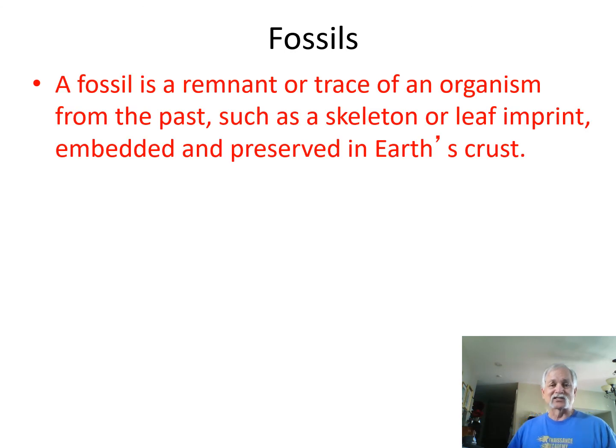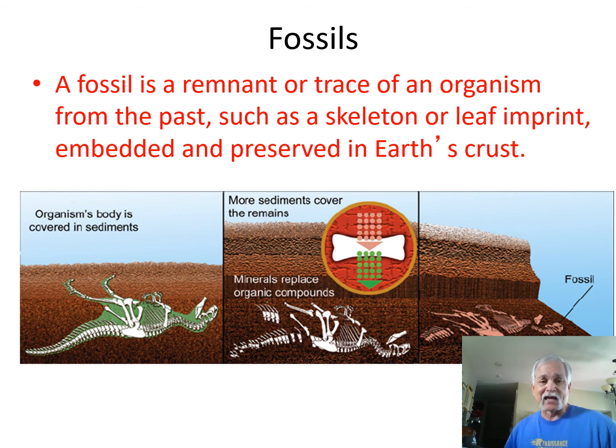Now we look at fossils, and it's important to understand fossils can be a footprint, it can be a skeleton or a leaf imprint that gets embedded in the Earth's crust. So this is kind of how it happens. An organism dies. It gets covered. If it doesn't get covered, then it's subject to being damaged by wind, by natural elements, by predators that bite off chunks and carry them off.